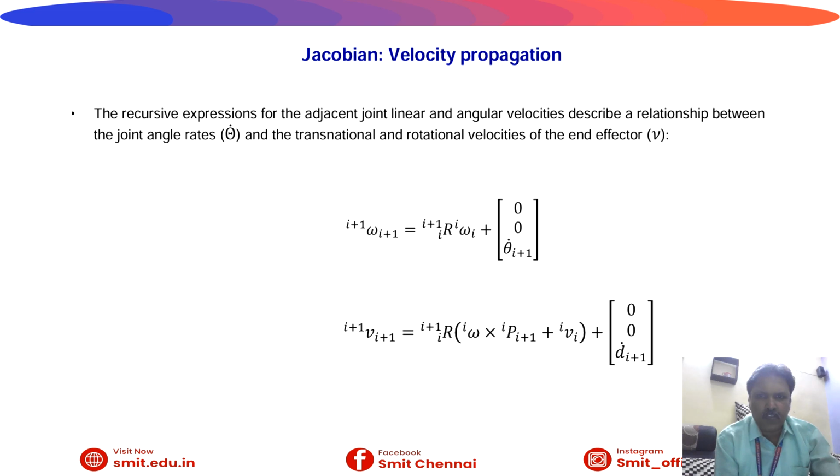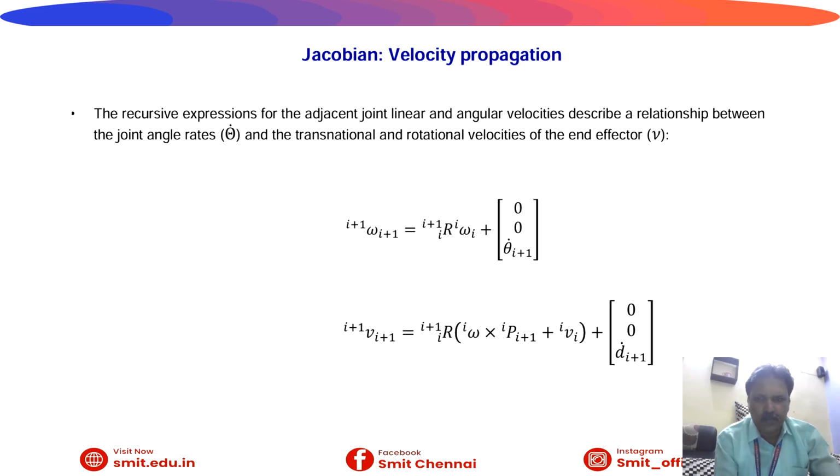So, Jacobian velocity propagation. Here we can see in this slide the expressions for the adjacent joint linear and angular velocity, describing a relationship between joint angle rates and translational and rotational velocities.